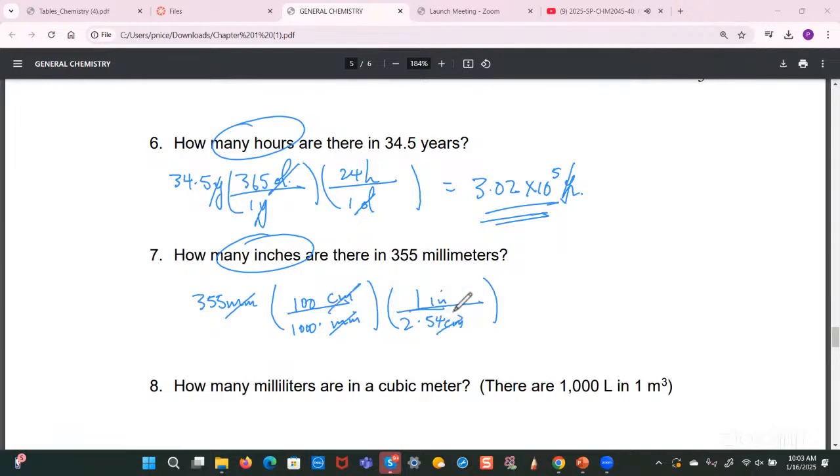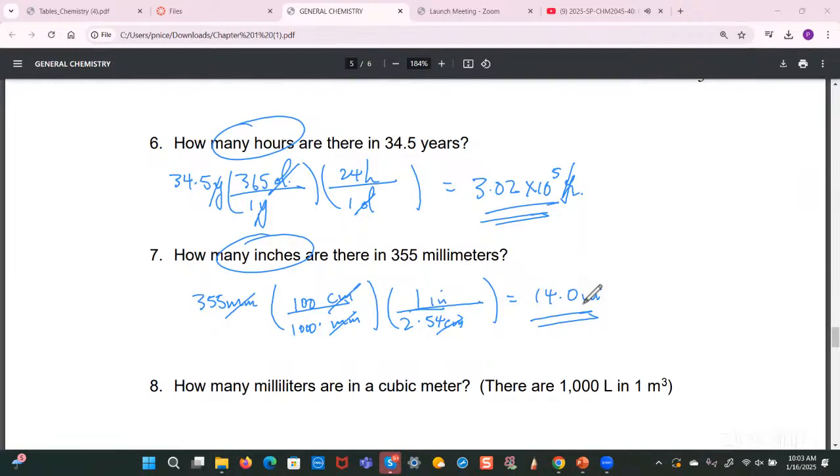So let's see what that gives. 355, divide by 10, and then divide by 2.54. According to my calculations, I got 14.0 inches. Any questions about this one?